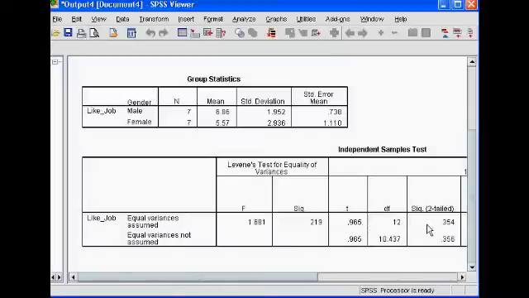This significance test is the actual result of my t-test, testing my hypothesis. And because it's 0.354, higher than 0.05, that means there's not enough evidence here to conclude that the differences I saw between men and women in my sample were indicative that real differences exist between men and women in general.